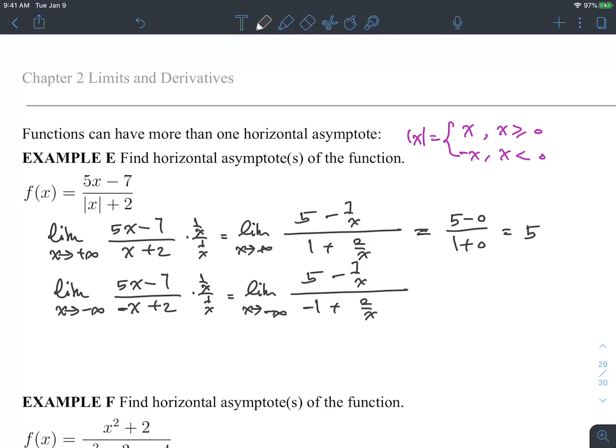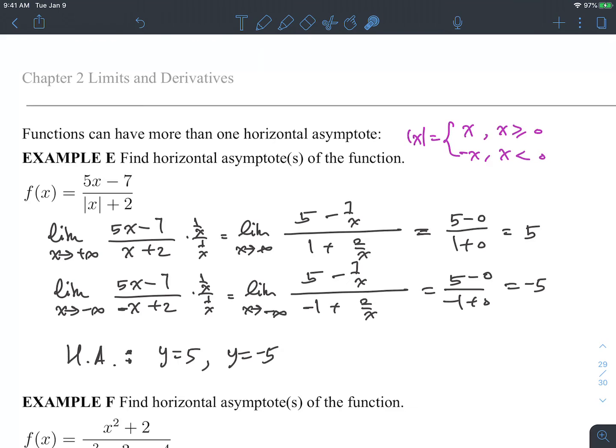That becomes negative, doesn't it? So that is 5 minus 0 over 1 plus 0, which is minus 5. So we got horizontal asymptotes y equal to 5 and y equal to negative 5. Now it was asking for horizontal asymptote, so we have to answer that question.